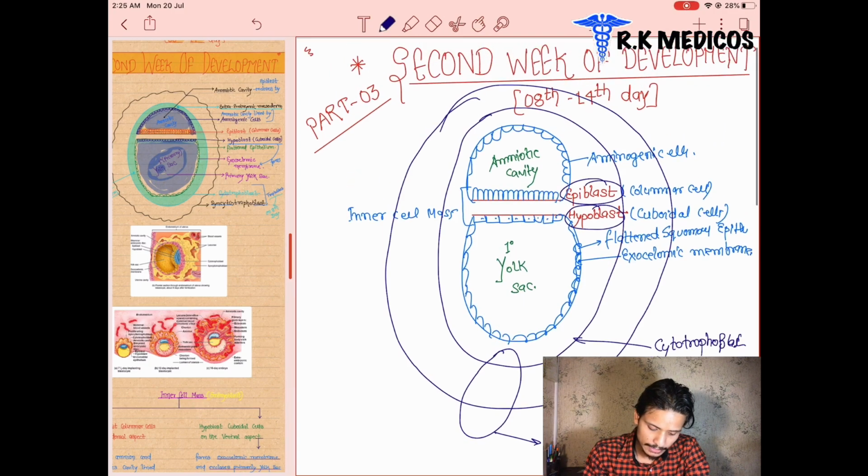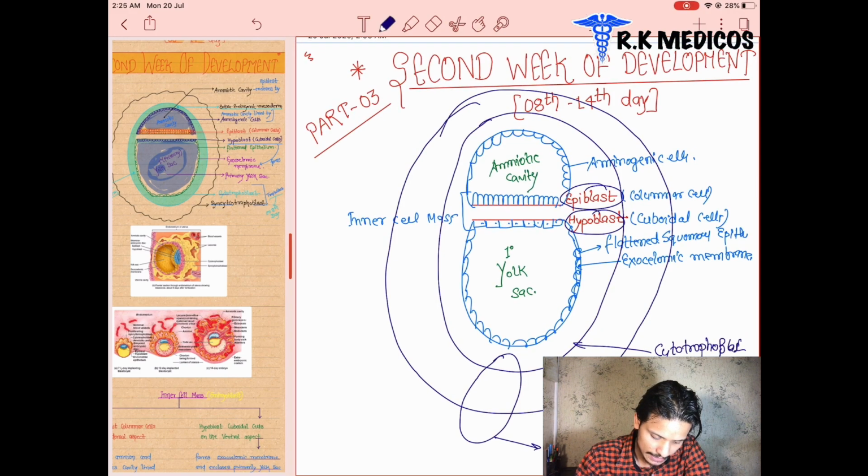Now we are going to see something important here. We can see there is a space present in between. Imagine the space present between the inner cell mass and the cytotrophoblast. I'm going to mark it here. Is it true or not?